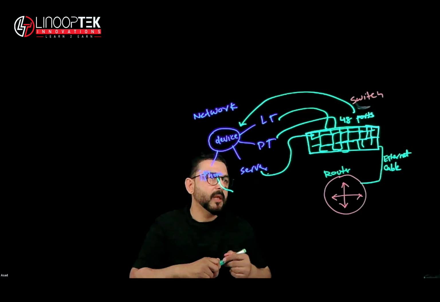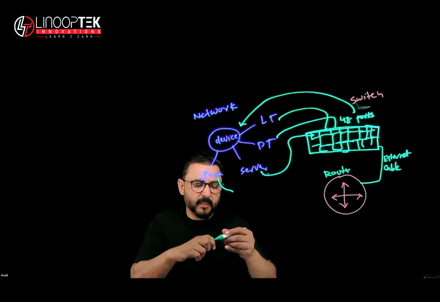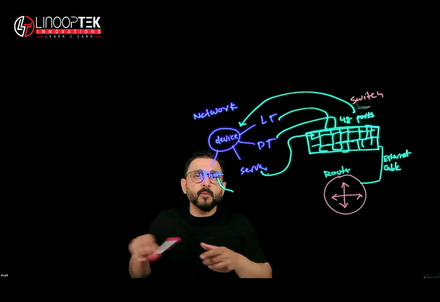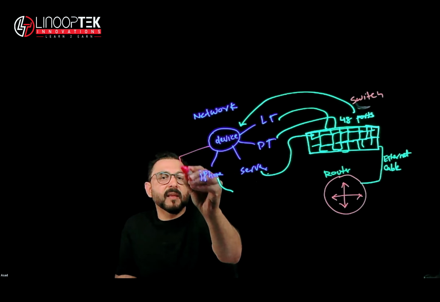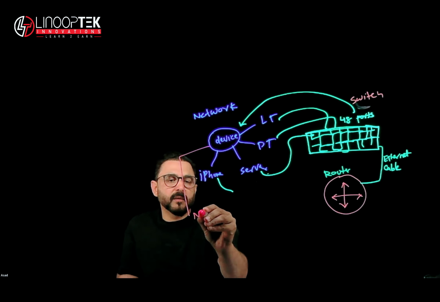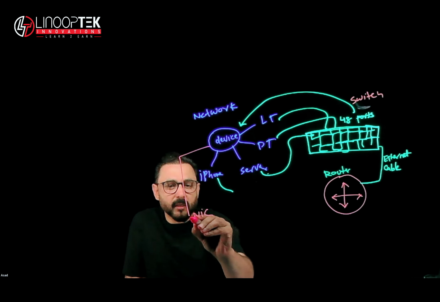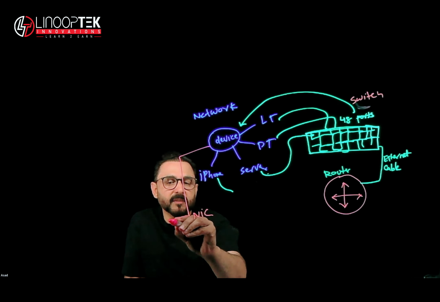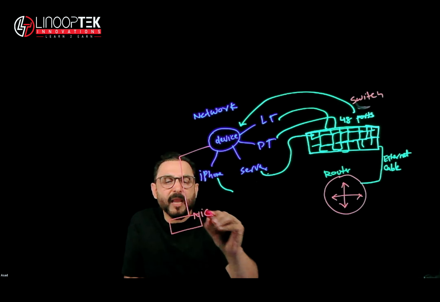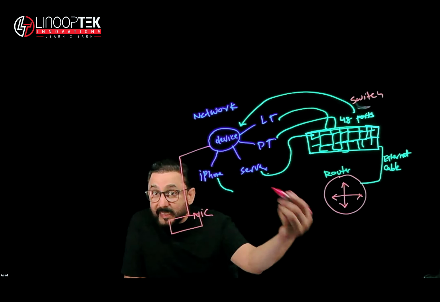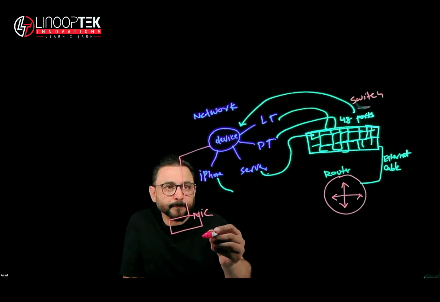So the router is there, and now we said that every device has a network card. I'm going to call it a NIC, network interface card. This is basically a device every computer, every laptop, every desktop has.